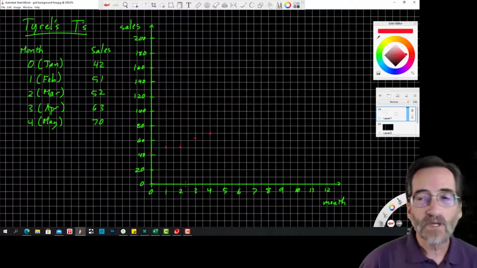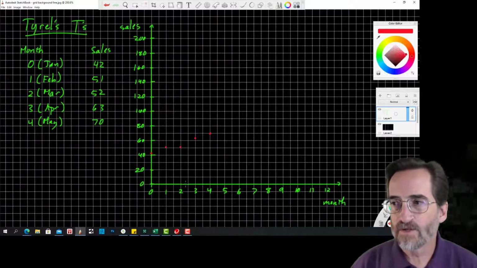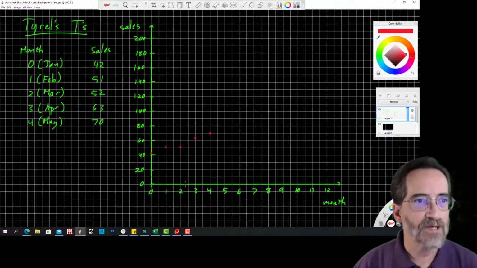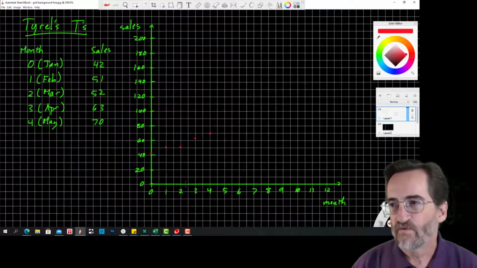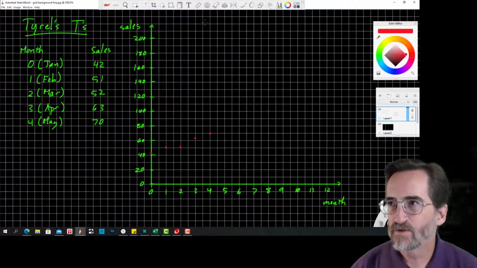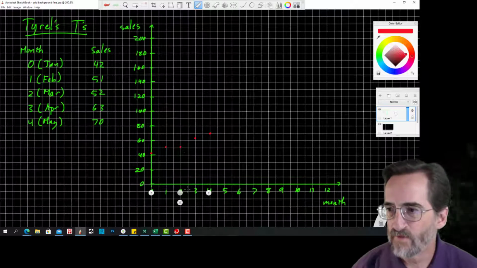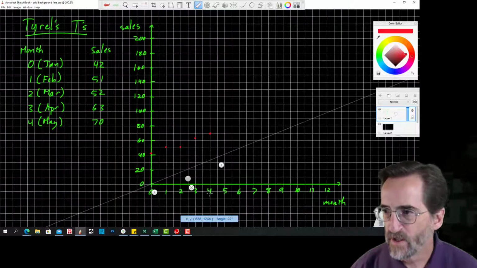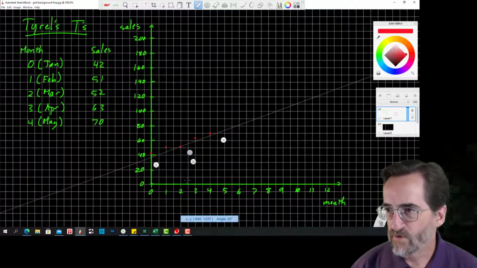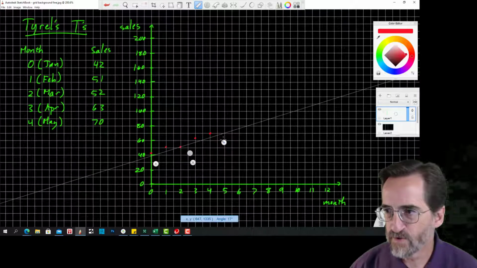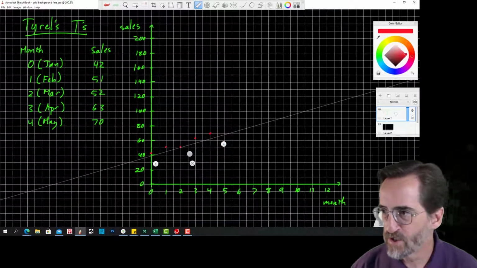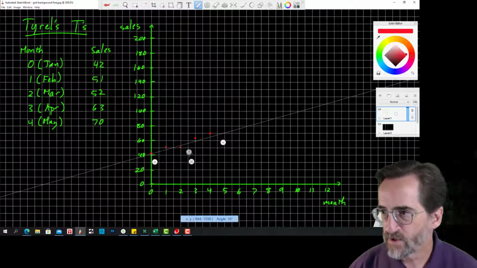Okay, now we're going to do something called a line of best fit. We want to fit a line to this data, like I showed you in the previous portfolio. We try to match the slope, the steepness of the line.